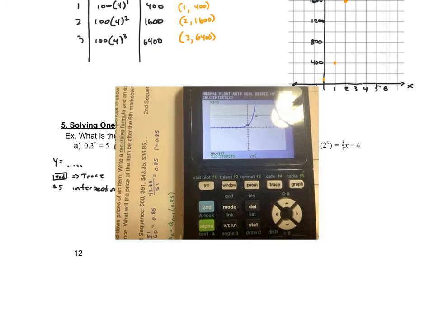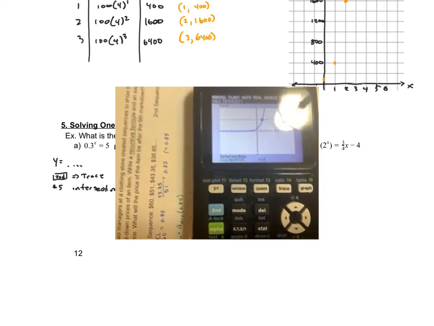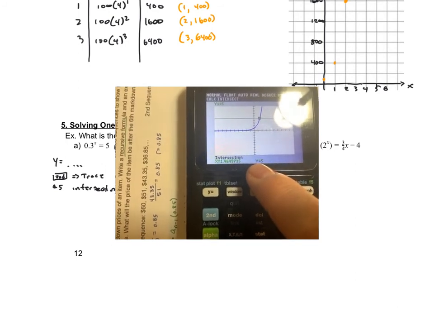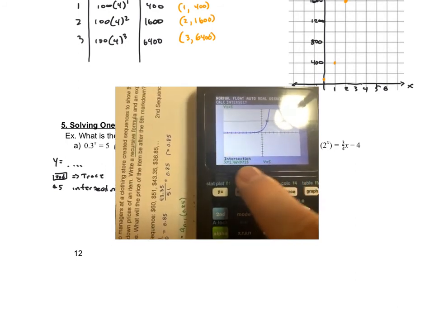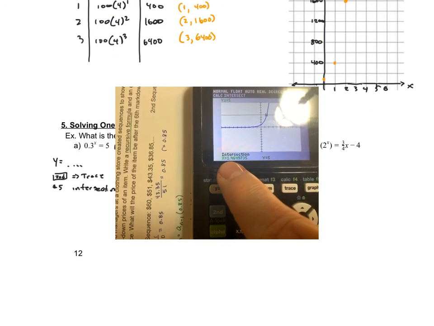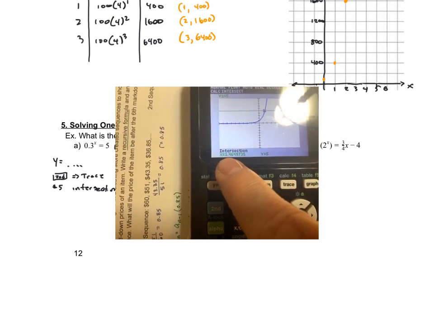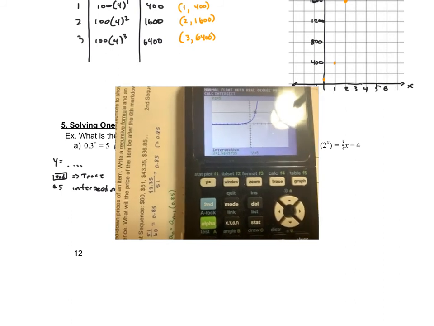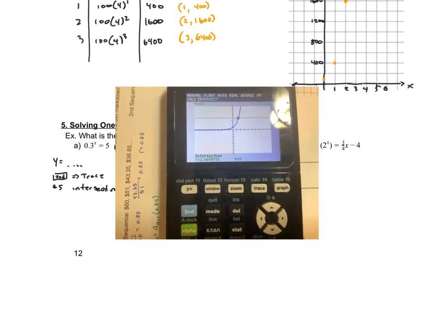And there it is. My intersection point is when those two things intersect. The intersection point would be x is 1.4649735, and y is going to be 5. So that's going to be your ordered pair.